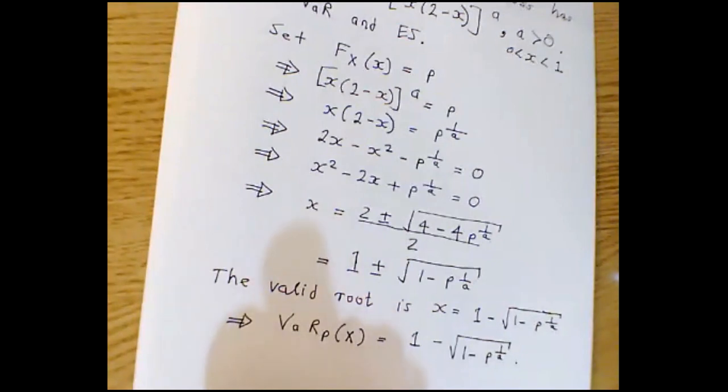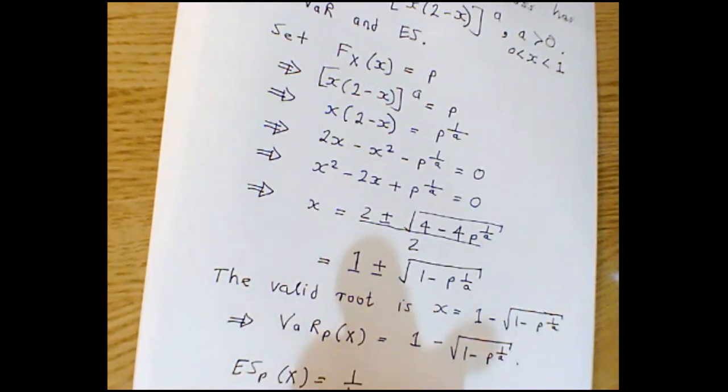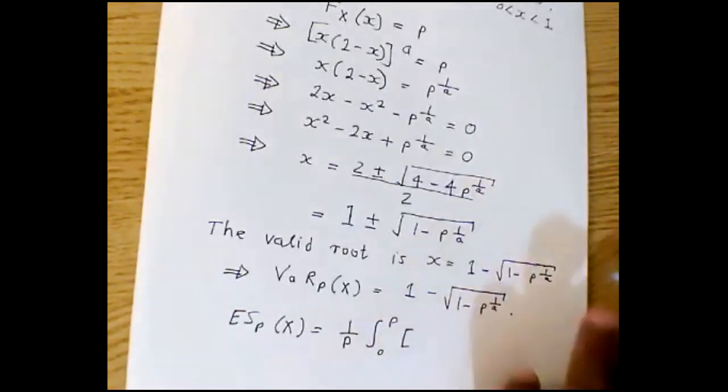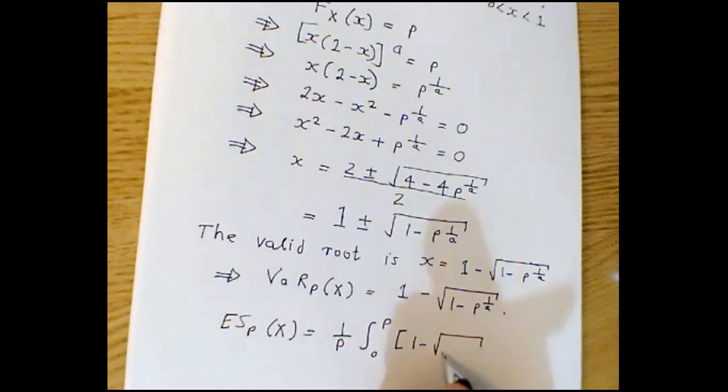Now to do the other part, I think we've run out of time, but anyway, let me continue. To do the second part, you need to integrate from 0 to p of 1 minus the square root of 1 minus t.